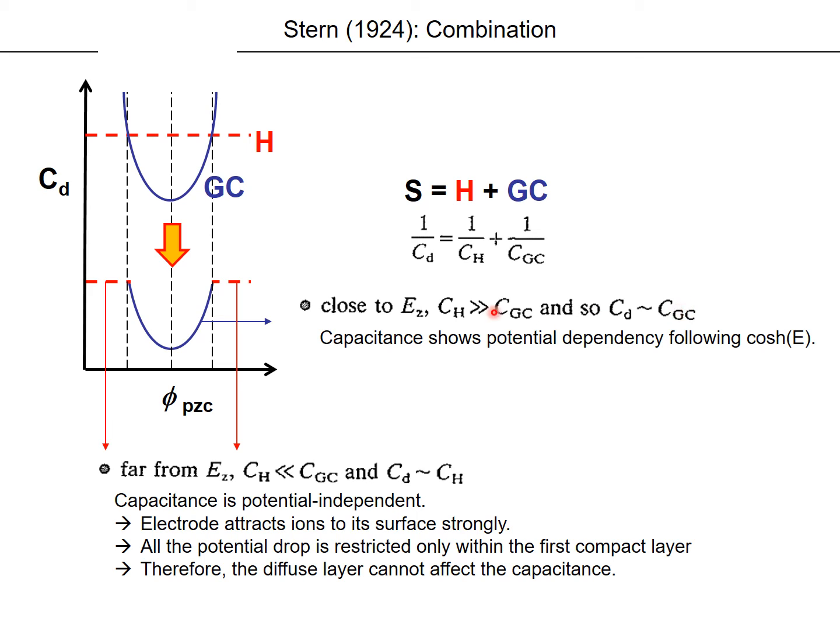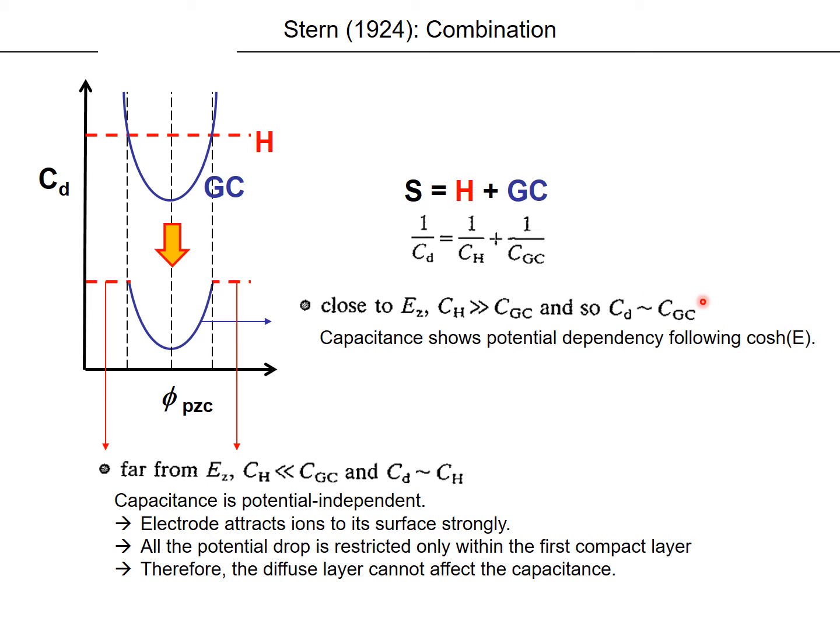So for the overall curve around the point of zero charge, you could have this blue line. Around the point of zero charge, that is to say, capacitance shows potential dependence following the hyperbolic cosine of potential.